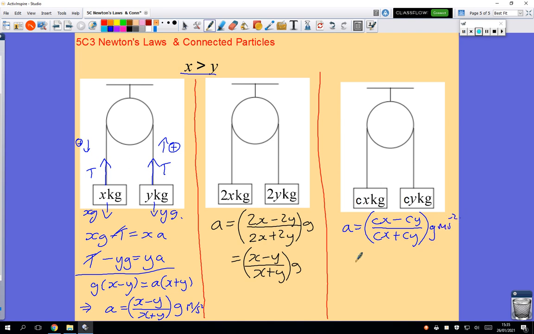But again, the c's will cancel here, dividing top and bottom by c. That's going to reduce to x minus y over x plus y times g meters per second squared. So the ratio between the two particles for systems of this type determines the acceleration, not the difference between the two particles. It's the ratio.